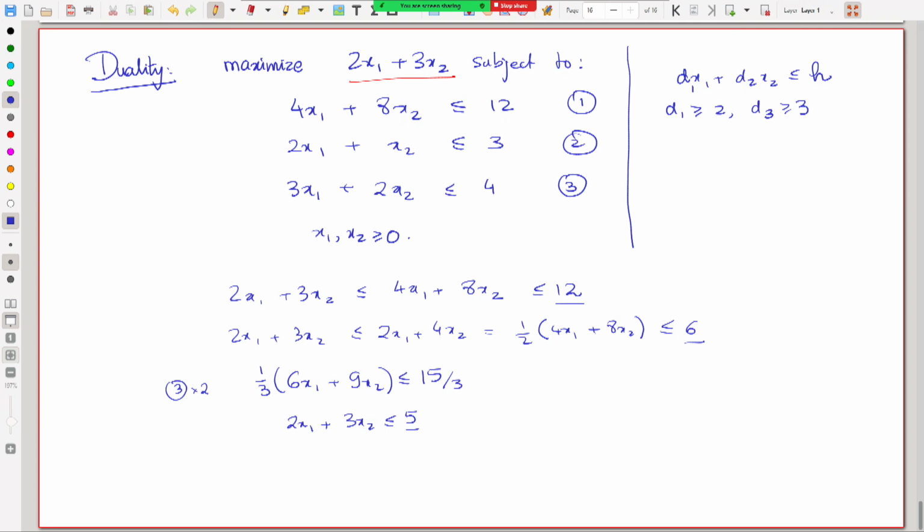We are trying to derive such an inequality from these equations. How do we get such an inequality? We take a linear combination of these equations.